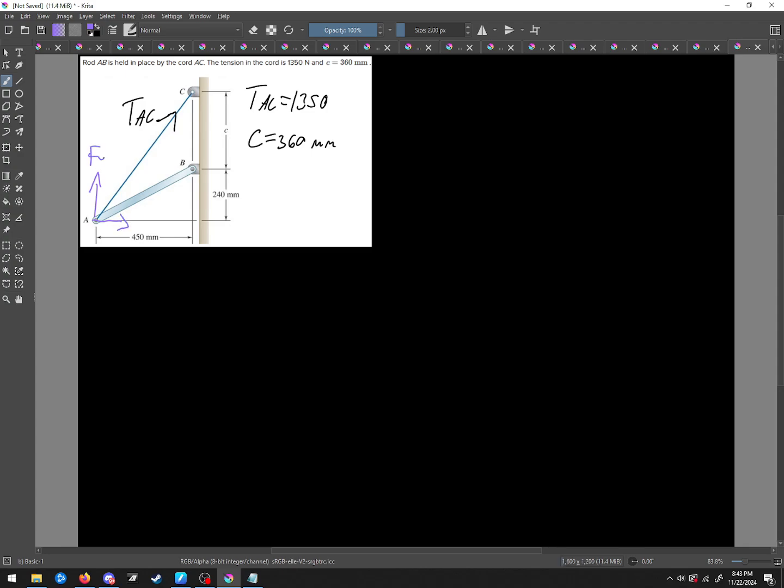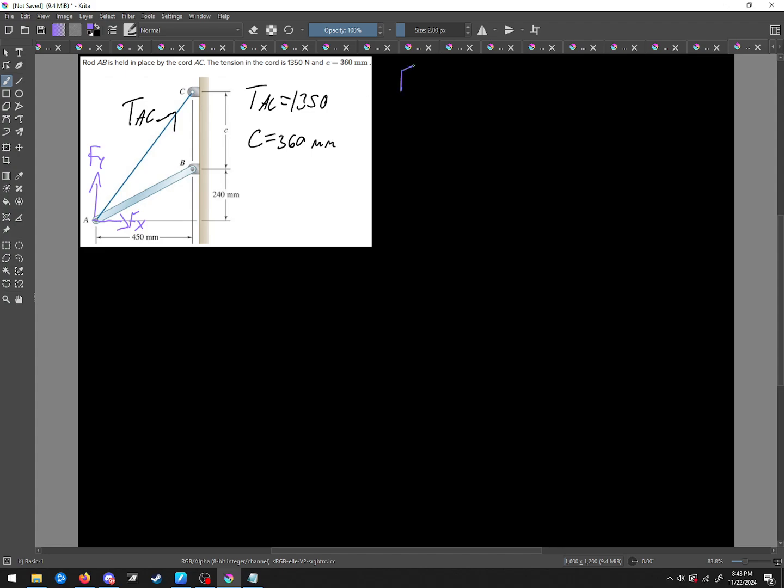This is going to be f of Y. This is going to be f of X. And that's going to be applied at B from this distance and from this distance, R cross F, whatever happens to be perpendicular.